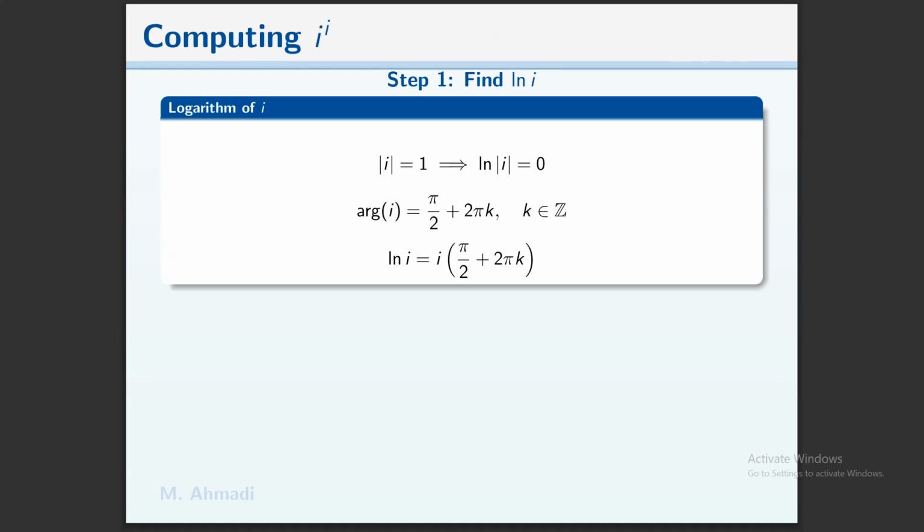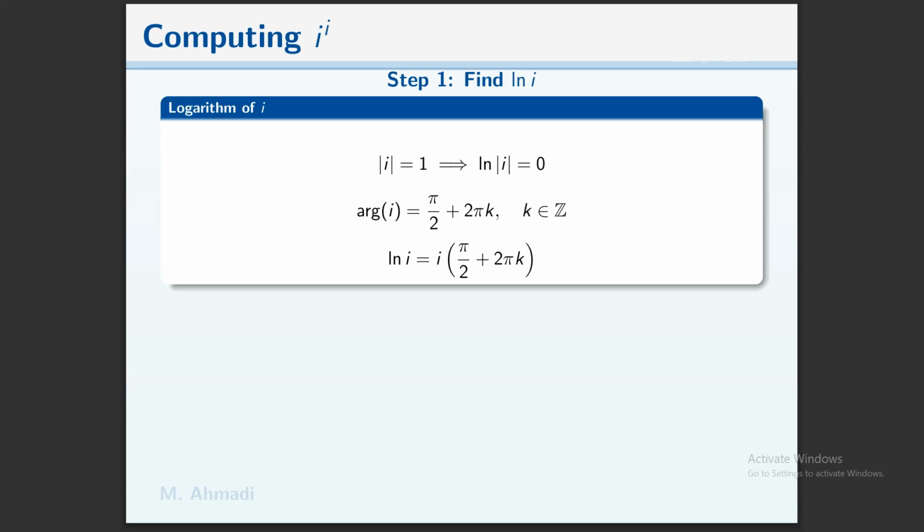Let's go on to computing i to the i. Step 1: find ln i. The absolute value of i equals 1, so ln of the absolute value of i equals 0. The argument of i equals pi over 2 plus 2 pi k, where k is an integer.